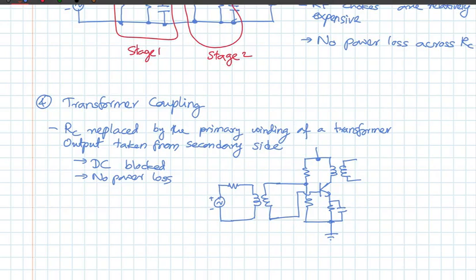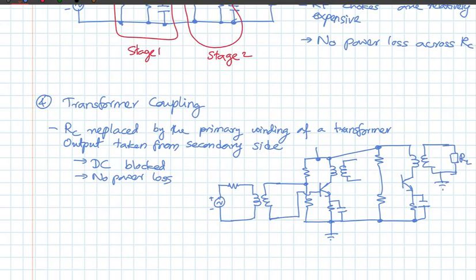You have to have another biasing scheme, another transistor, and again you will have the primary of another transformer, and the output is taken from there, with the load directly connected to that transformer. You don't have to have a DC bias for that. So you can see the load is isolated.